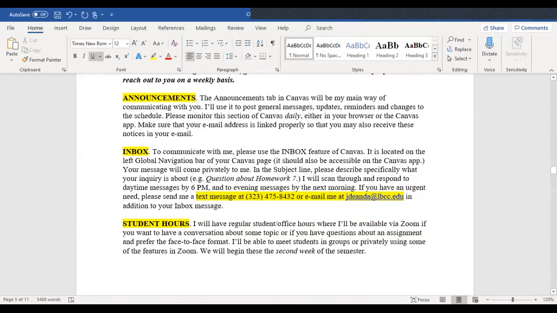I'm just saying that I don't check those as often as the inbox messages, because for the inbox messages, I get notifications. When you communicate with me, remember that there's only one inbox for all my classes. So when you communicate with me, please tell me what class you're in and what the issue is you're trying to inquire about. Okay, like it says here in that example.